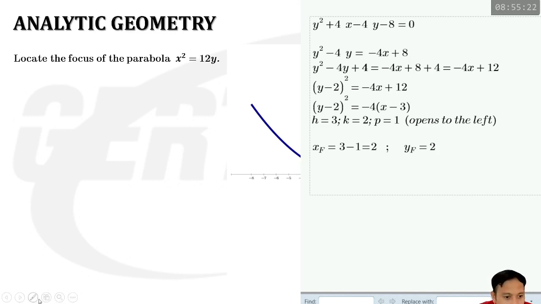Okay, we call this one as the latus rectum, no? And it passes through the focus. Okay, it passes through the focus.